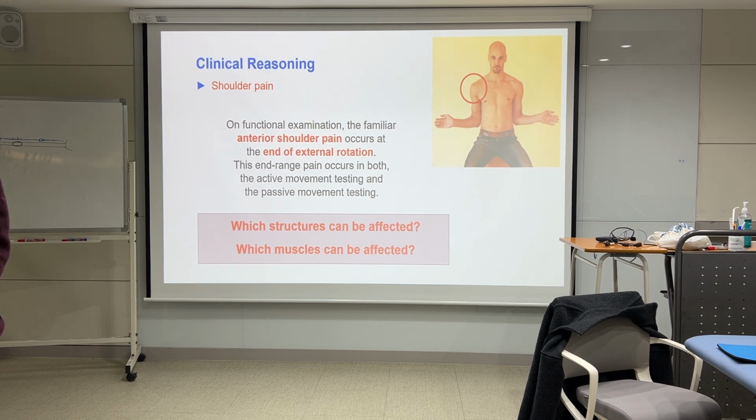그 조인트가 이게 문제가 될 수 있는데 어쨌든 GH 조인트 같은 경우에는 캡슐낭 안에 들어있습니다. 그 캡슐낭 안에도 우리가 감각 수용기 같은 것들이 있어서 그게 이제 뭐 줄어들거나 늘어나거나 하는 과정에서 자극을 받아서 통증의 요인이 될 수도 있다고 합니다.